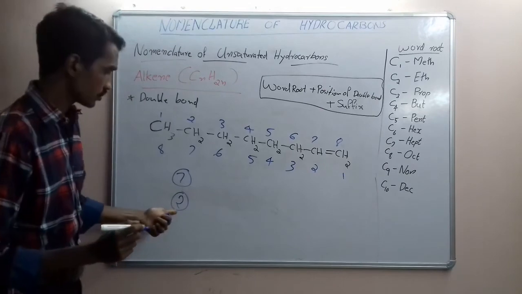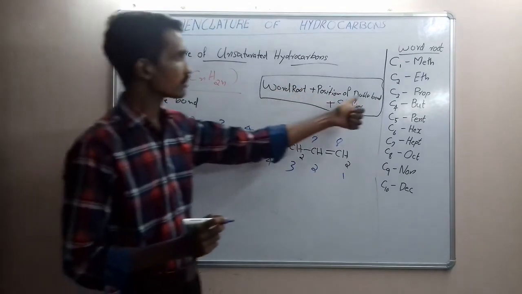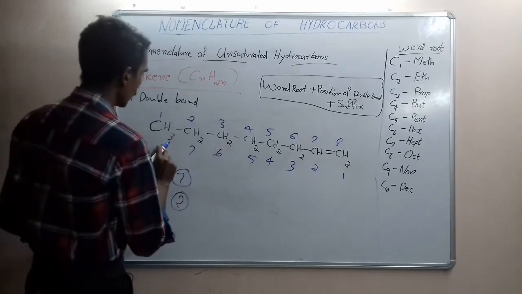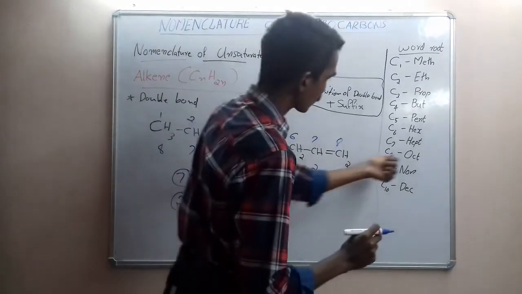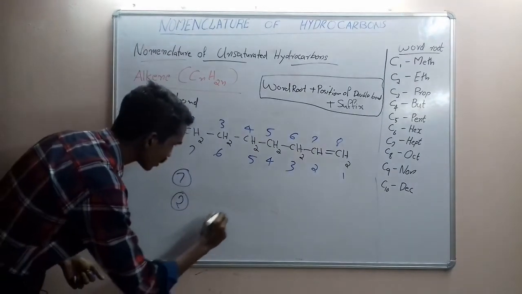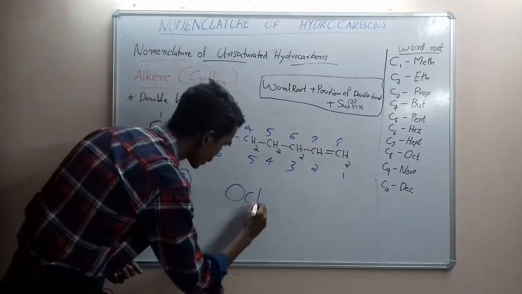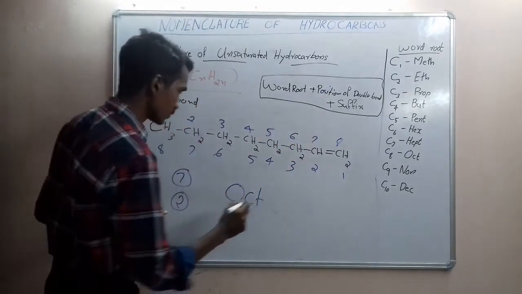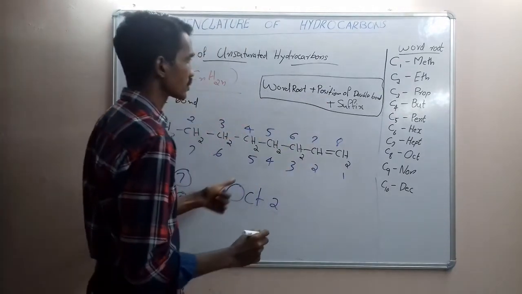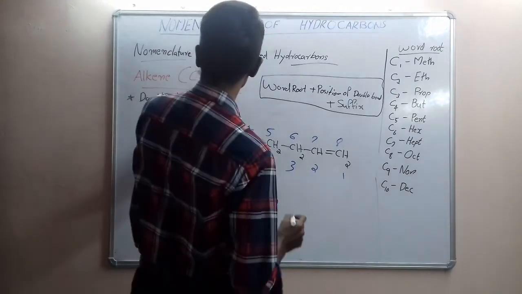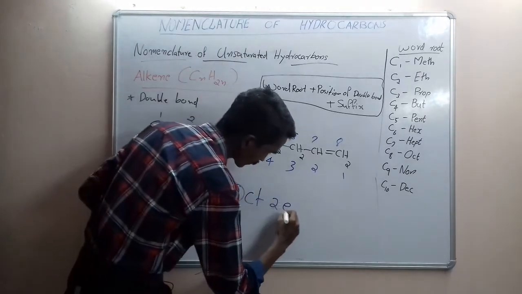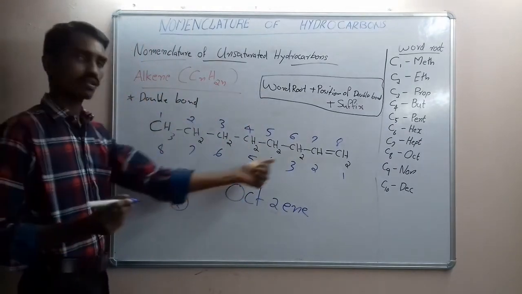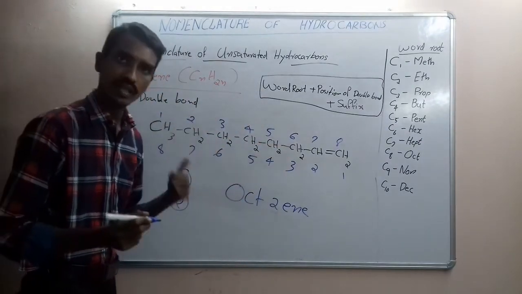The least one is 2, so the position of double bond is 2. The word root: 8 means oct. Position of double bond is 2, and the suffix is ene. The name of this compound is oct-2-ene.